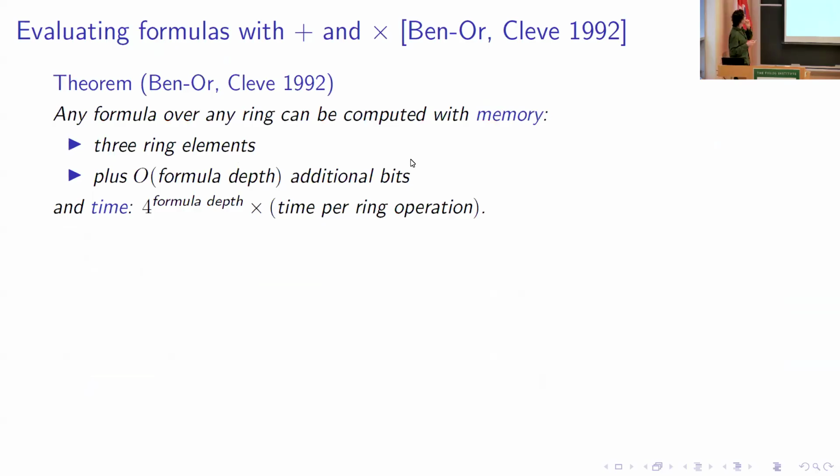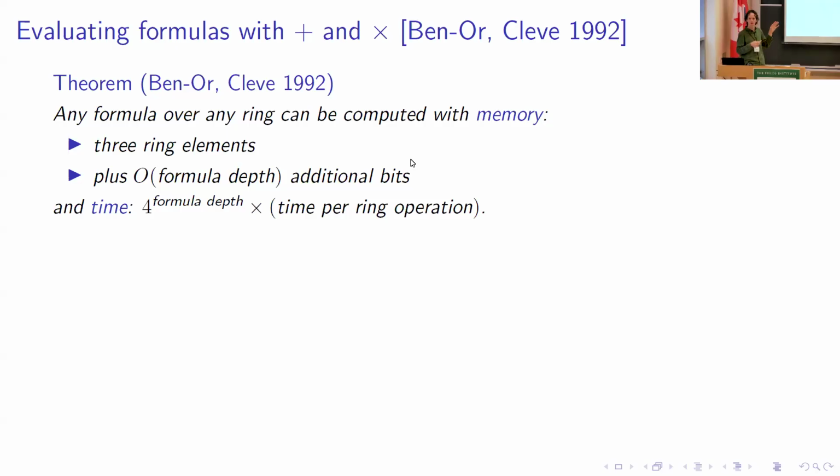Okay, so what we've just proved is a theorem from Ben-Or and Cleve. They've stated it in terms of register programs, but this is what it boils down to. They said any formula over any ring, so meaning you can do this with matrices or whatever else, it's not just numbers, can be computed with enough memory to store 3 values from that ring. Plus, you need a little bit more just to keep track of where you are among all your recursive calls.